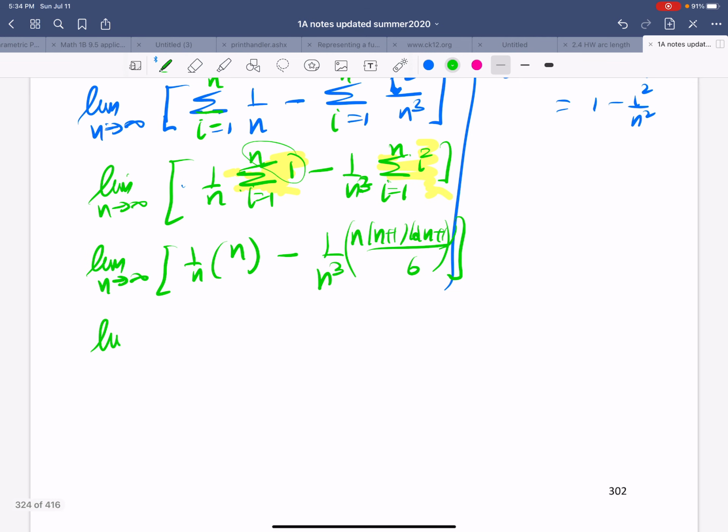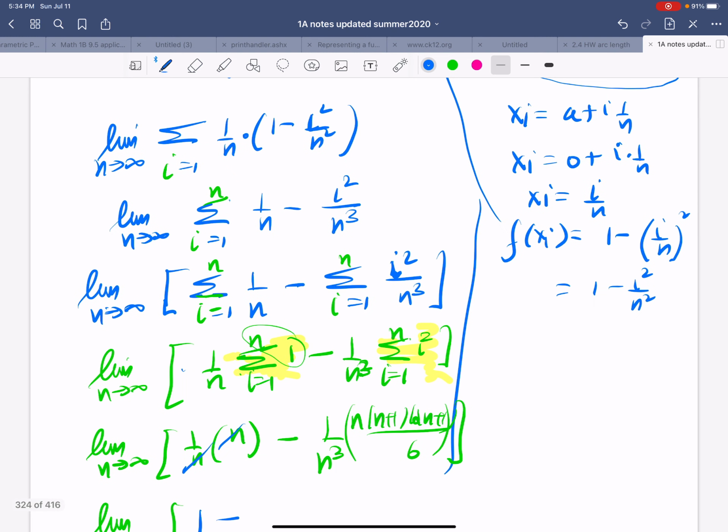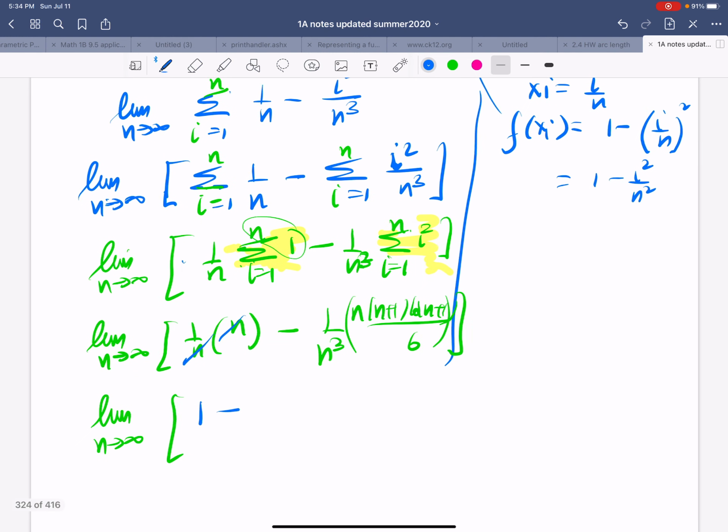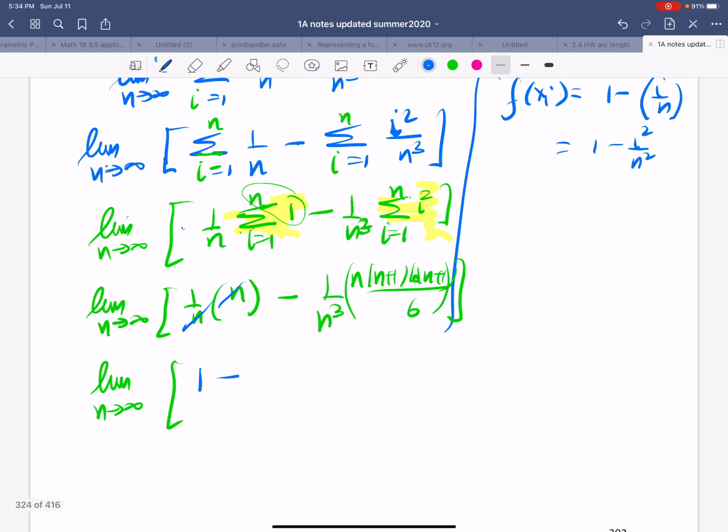Now, cleaning up, limit as n goes to infinity. This part is just going to be gone, so that's just a 1 here. Minus, did we also pull out something in the beginning? Nope. So looks good so far. Here we have 1 over n to the third times n squared plus n times 2n plus 1.